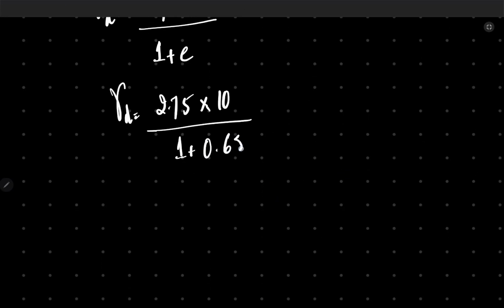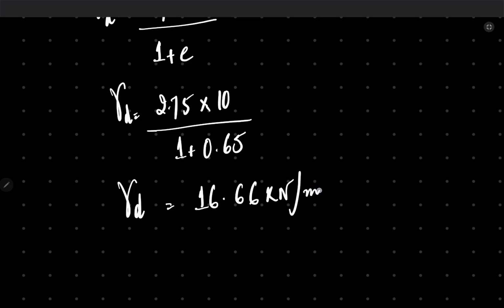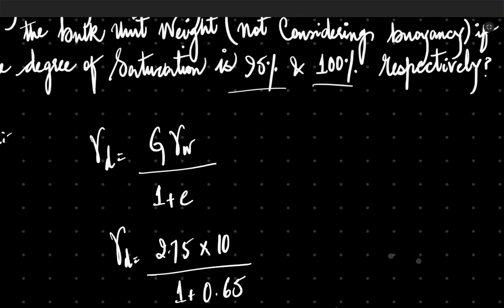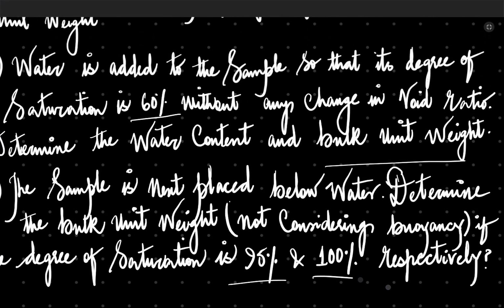So dry unit weight becomes 16.66 kilonewton per cubic meter. So part A is complete.